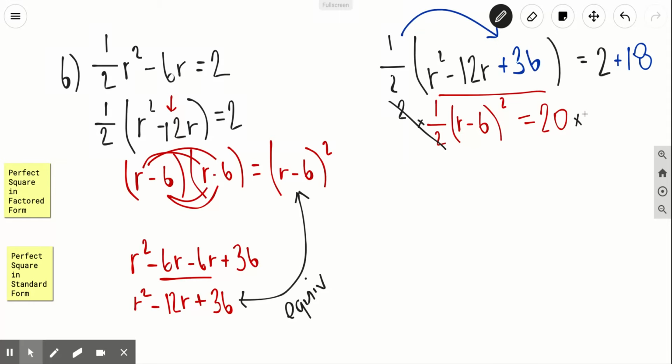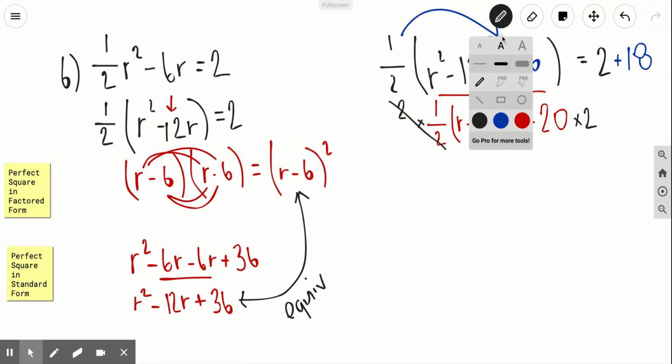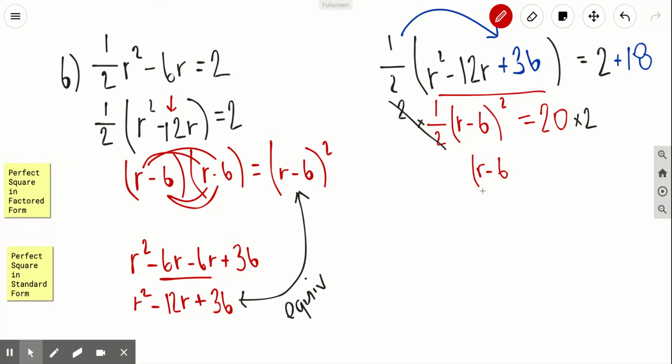If I multiply both sides times 2, I end up with r minus 6 squared equals 40. I'm going to stop there because you should be able to use my example from question 5 to help you find r at this point. You're following the exact same steps as we did in question 5.